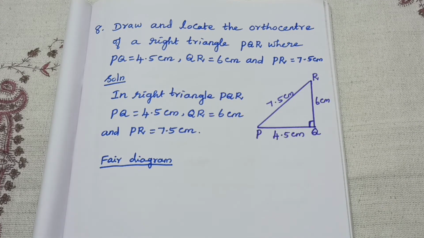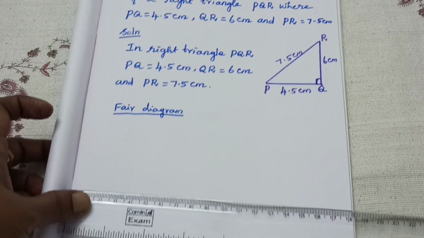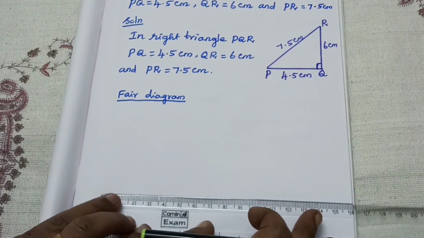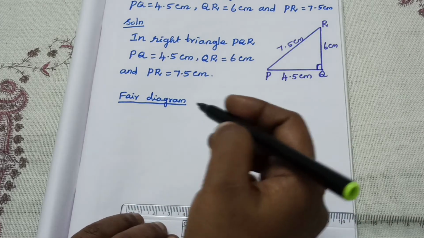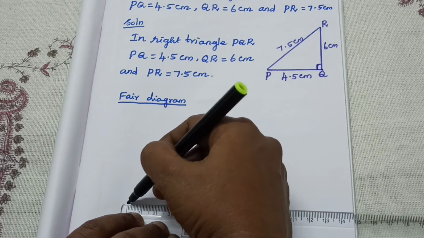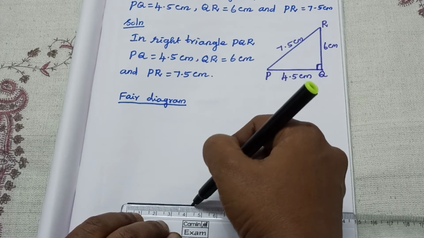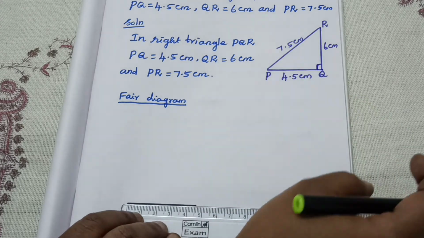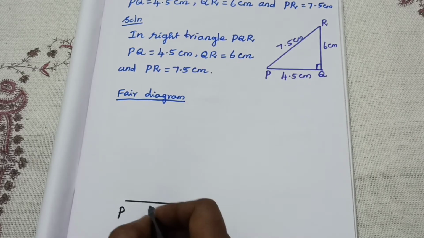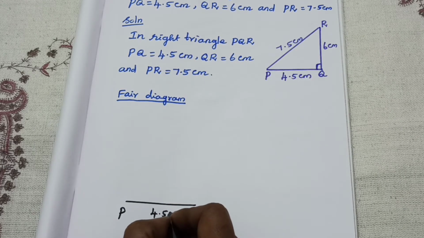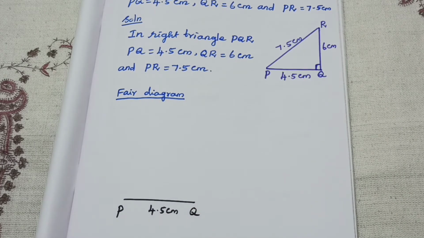First take the scale, 4.5 cm, we have to draw. Then underline 4.5 cm. PQ is what? 4.5 centimeter. Then afterwards take the compass.